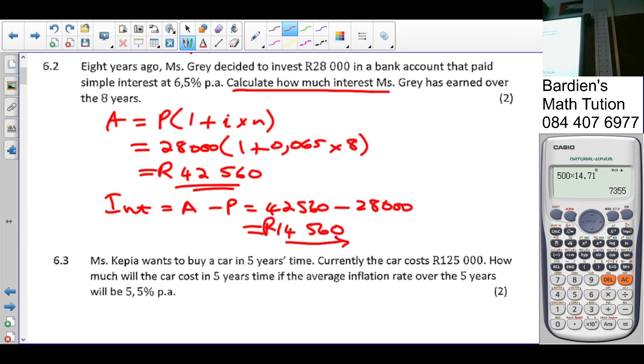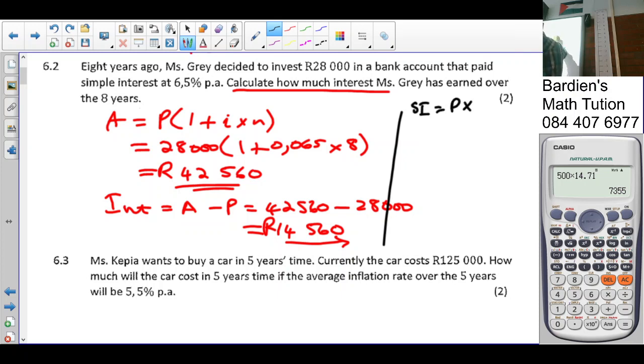Any confusion here? Now you ask yourself, but all these calculations for 2 marks. You could have used this formula, which was taught to you in grade 9, in your happy days, you remember? Yeah, you got 100% for everything. Simple interest equals P times R times T over 100.